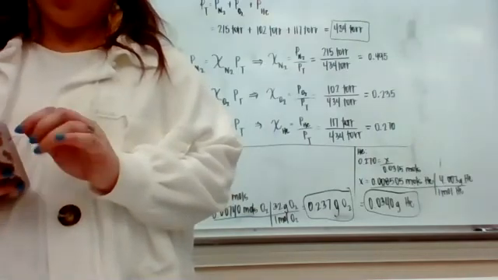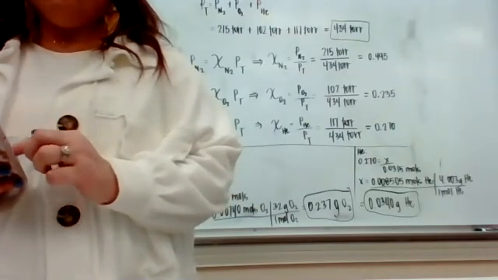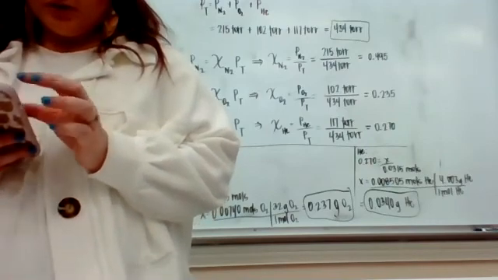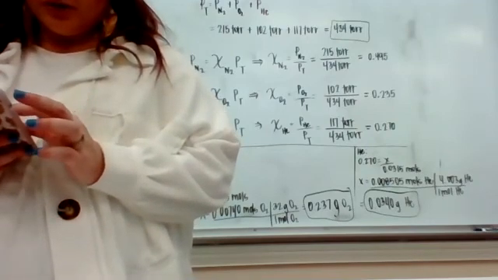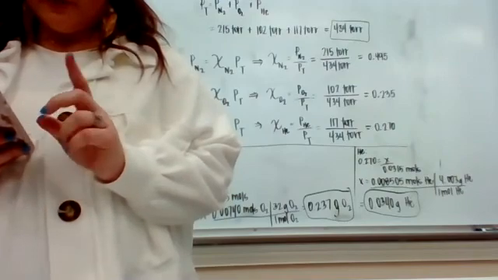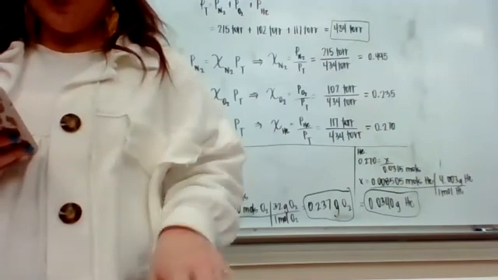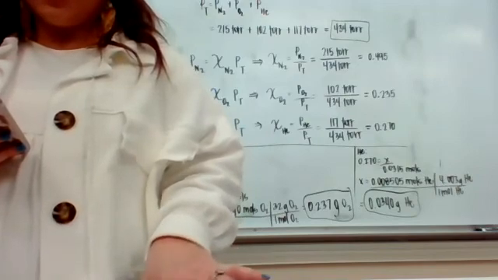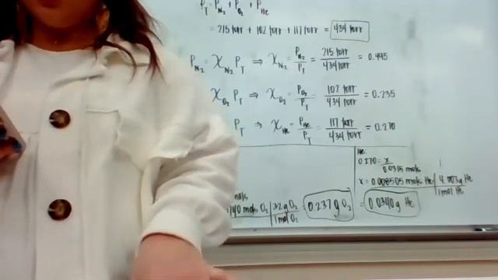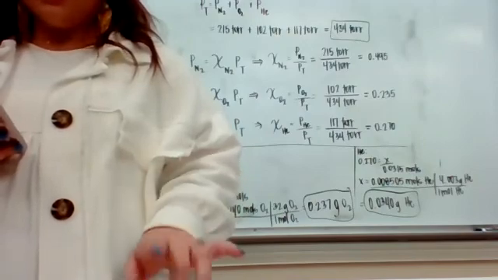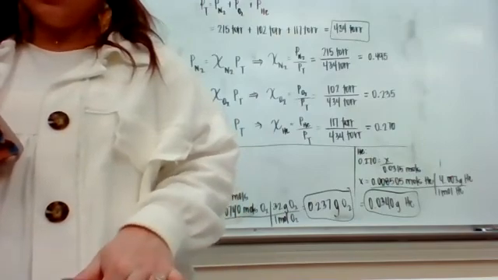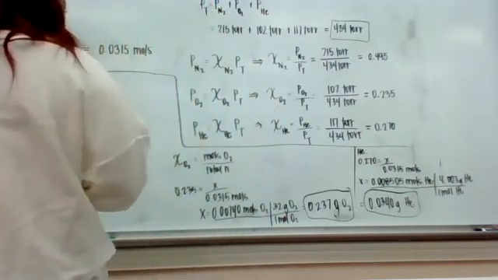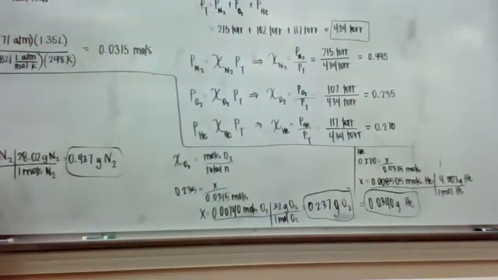I think I have my problems in a picture. Number 58 says charcoal is primarily carbon. Determine the mass of CO2 produced by burning enough carbon to produce 5 times 10 to the 2 kilojoules of heat. So let's make some room.